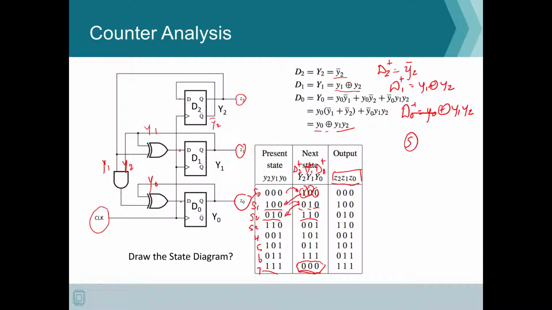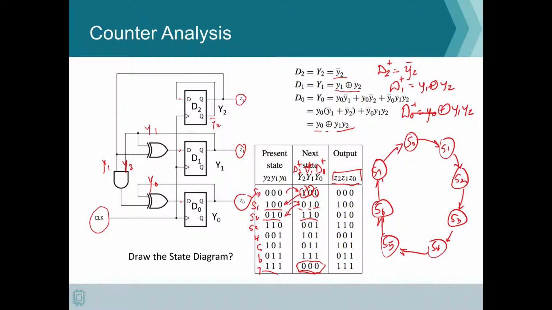In our case, we don't have any inputs, so it simply goes through S1, S2, S3, S4, S5, S6, and S7 without any inputs, and then comes back. Once you reach the last state, it goes back to the 0, 0, 0 state. So this will be the state transition graph, or the state diagram, for this particular counter.